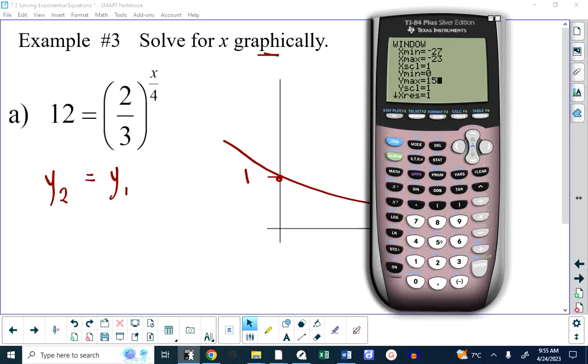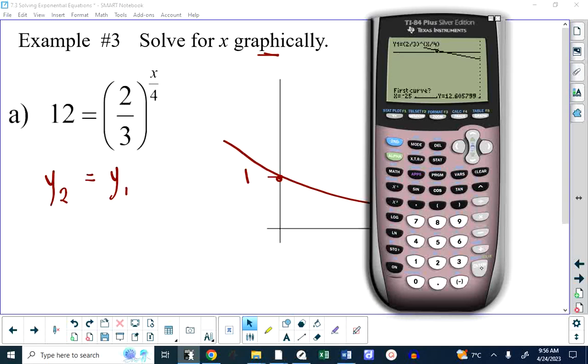And I'm telling you, if you don't explore the values in your tables, it becomes very frustrating in trying to find out where they intersect. If I've done things right, I should get a pretty decent looking graph. It shouldn't be really steep. It should be clear. I should be able to see both functions. And now I can find the intersection point. You know, of course, you could have solved any of the ones in example 2 using this.